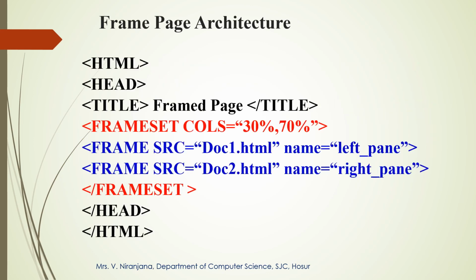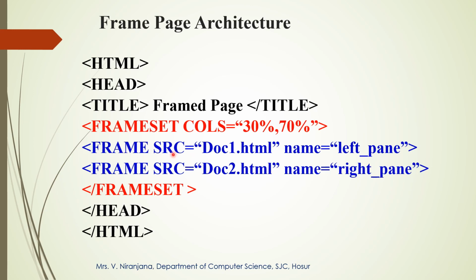Now you can see in this example, we have given frameset and we are dividing the window into two columns. The first column will be 30% of the entire window and the remaining column will be occupying 70% of the window. Now, the next line contains frame. So, frame will give you each frame element in your frameset.